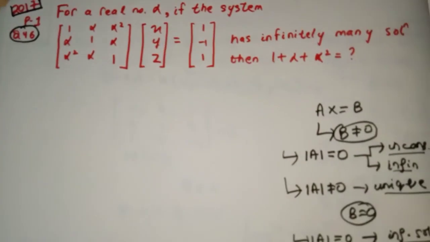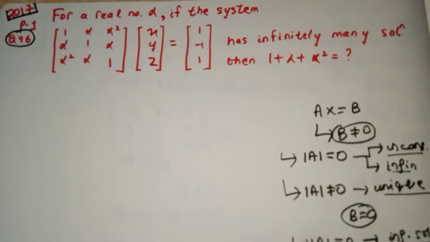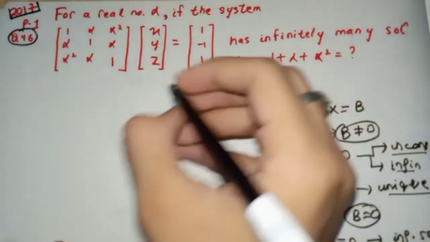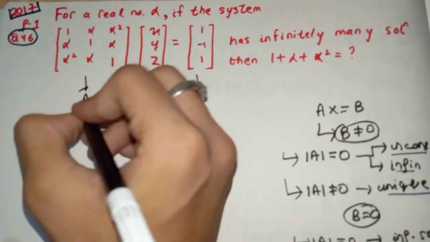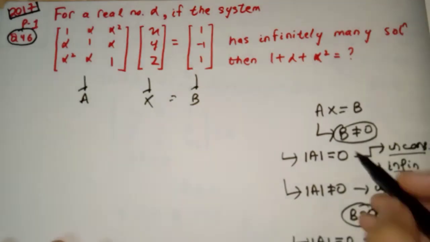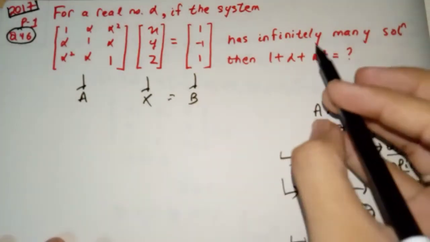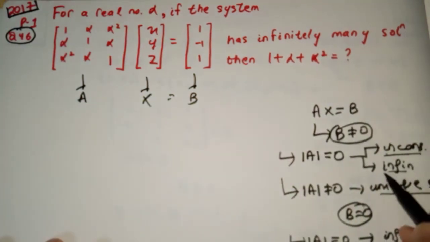Having understood this, our question says, for a real number alpha, the system given has infinite solutions. First of all, here this is b, this is x, this is A, and in this format we can see that b is not equal to 0. It is given that the system has infinitely many solutions.